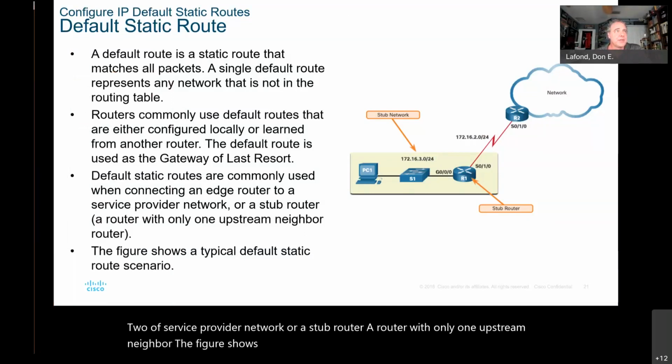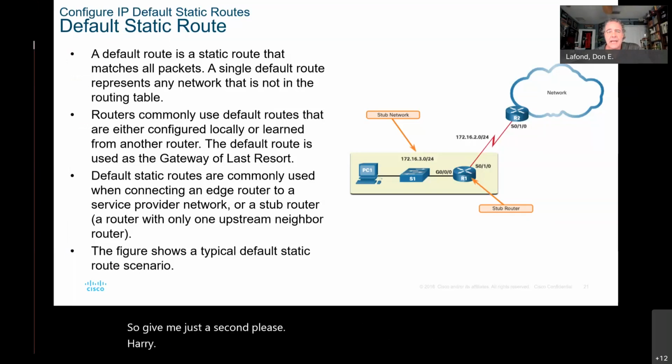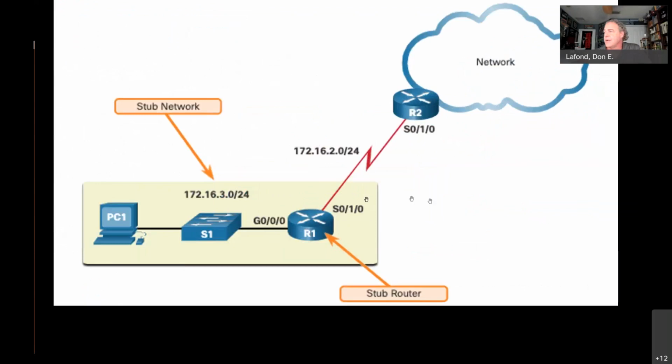I'm trying to adjust my screen here, so give me just a second, please. All right. I'll zoom in so you can see that a little bit better. So here, this is a stub network. There's only one network, so all traffic that is not for R1 will use the default static route, that is, anything not in the routing table.